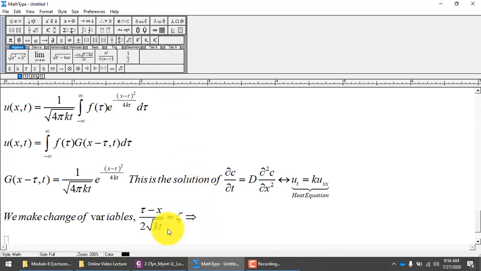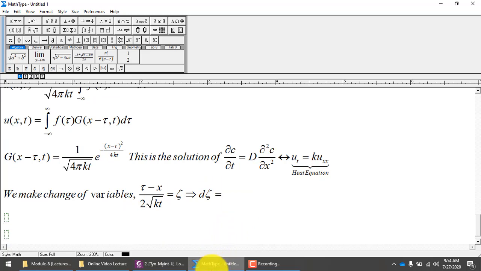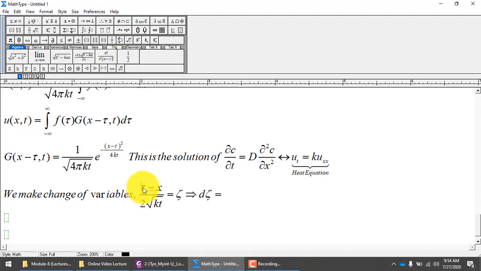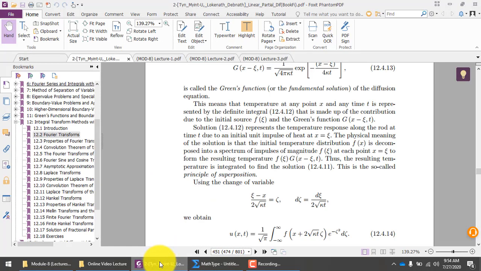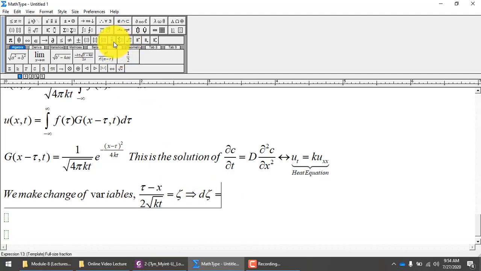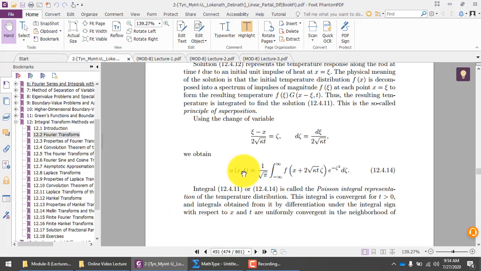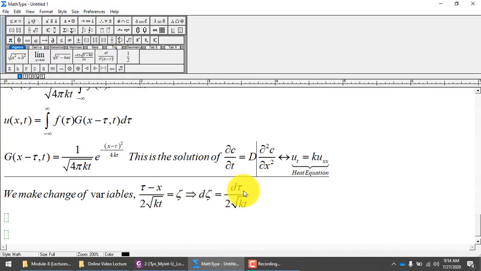So d zeta is equal to, taking the differential on both sides with respect to tau, d tau. The dx will be 0 because x does not depend upon tau, and this will also behave like a scalar. So this will be the final answer of the change of variable.